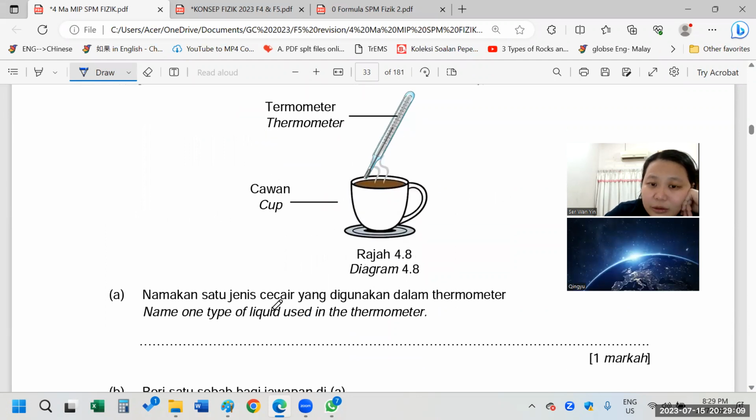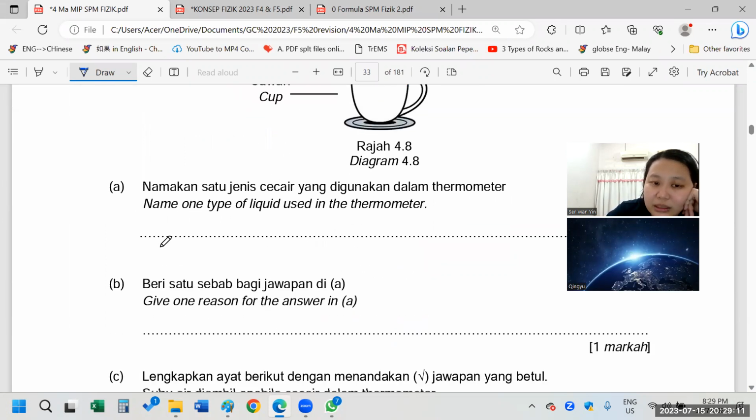Okay, like the thermometer. Name the liquid used in the thermometer. Why? Mercury, everyone knows. Why?